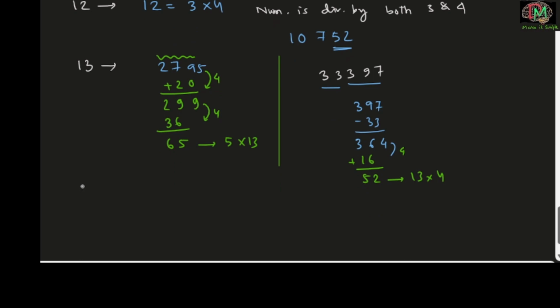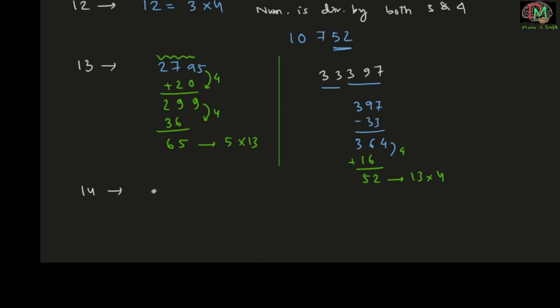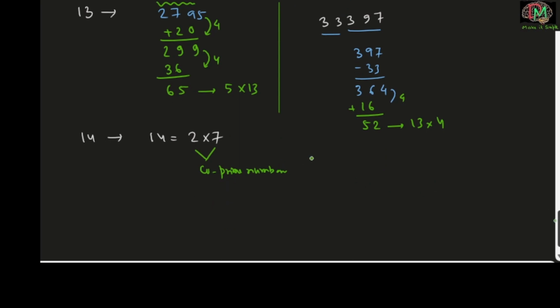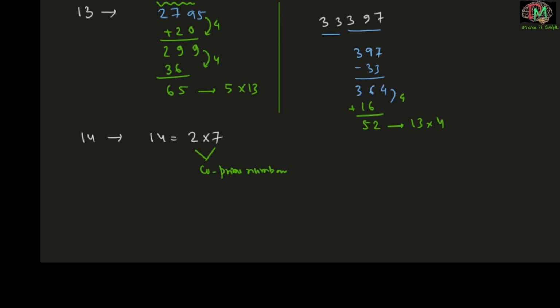Next is 14. For that we apply the rule after prime factorization, that is we can write 14 as 2 and 7, and these are obviously co-prime numbers. We have to check that the number is divisible by both 2 and 7.